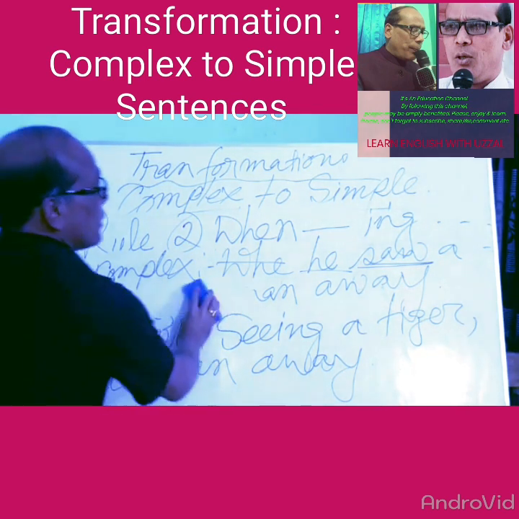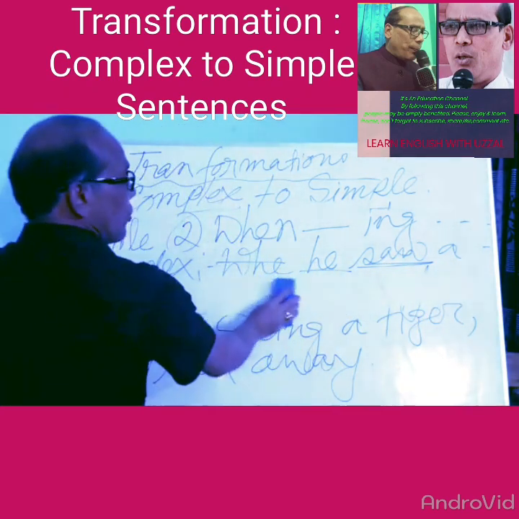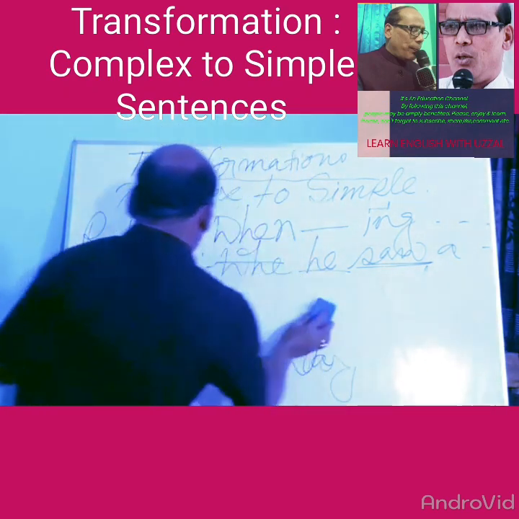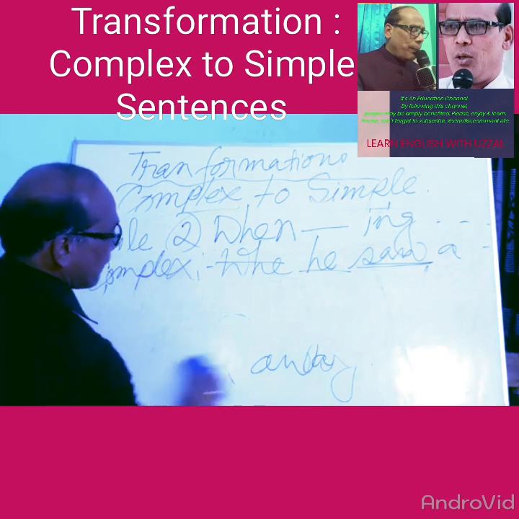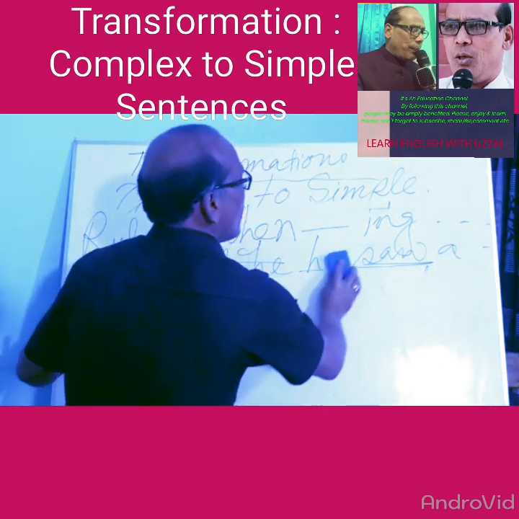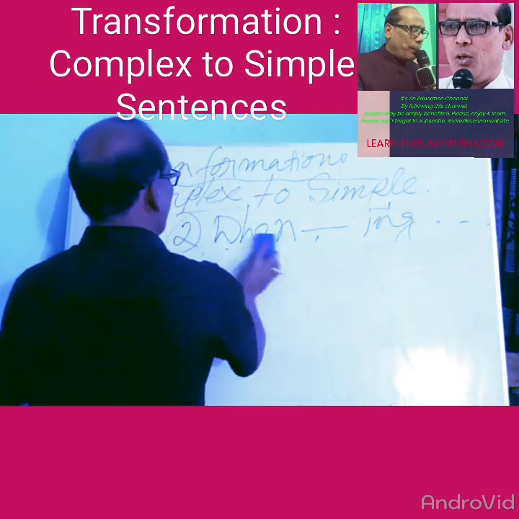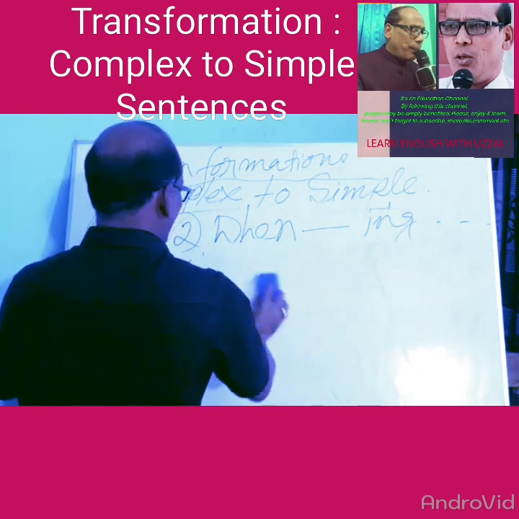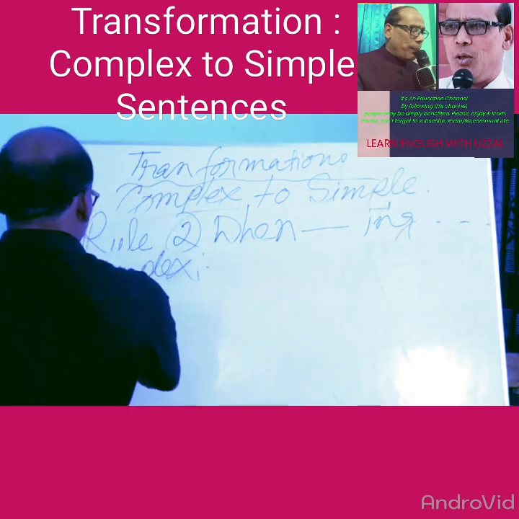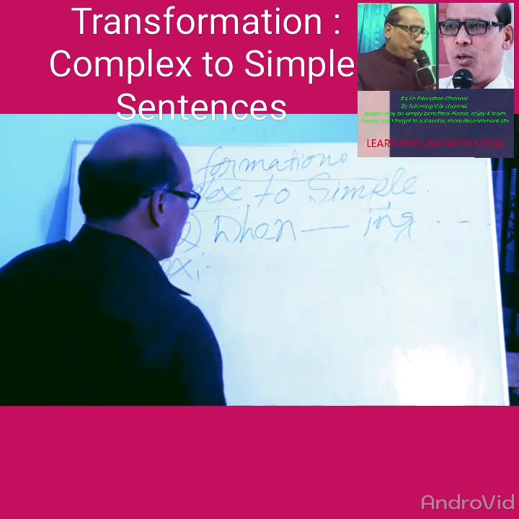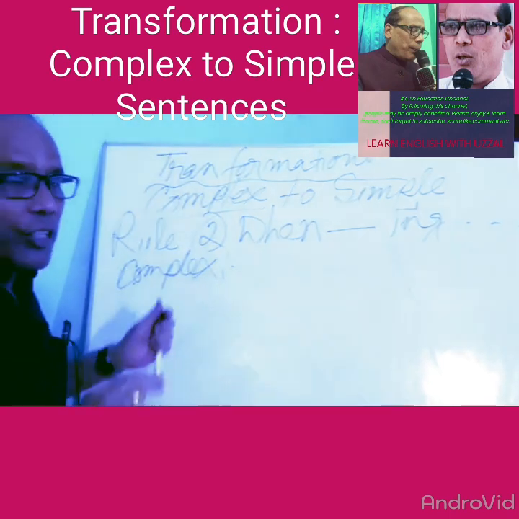We know a subject can be a noun or pronoun. If the subject in one clause is a pronoun and in another clause is a noun, what will happen? Which one should we change?